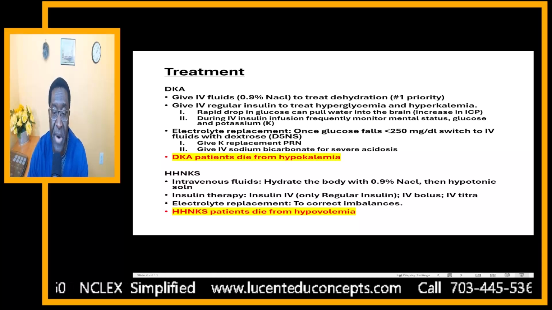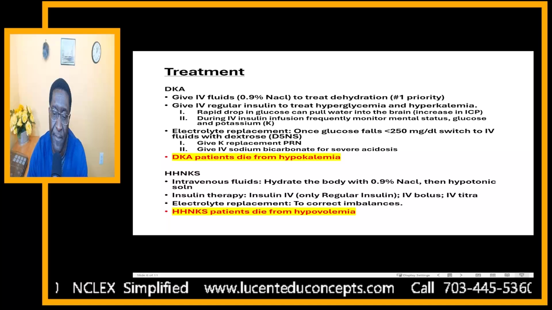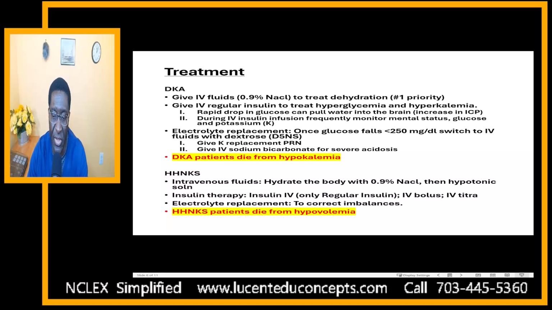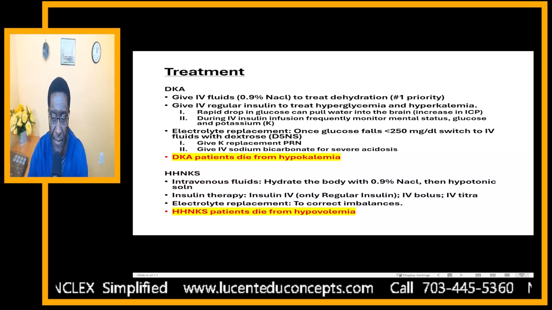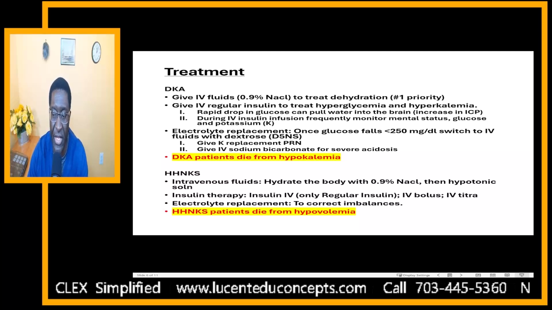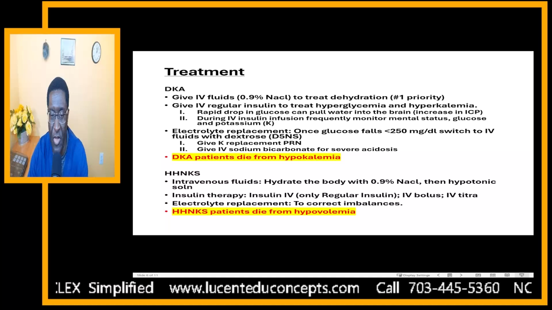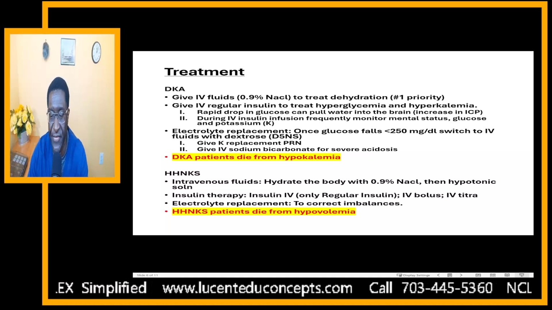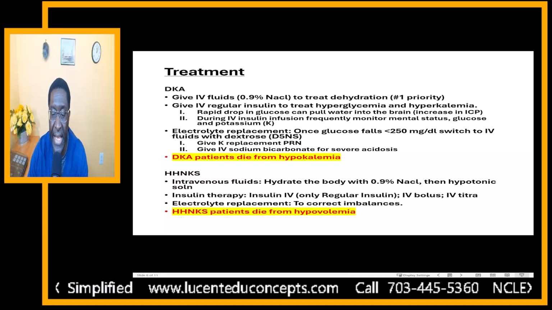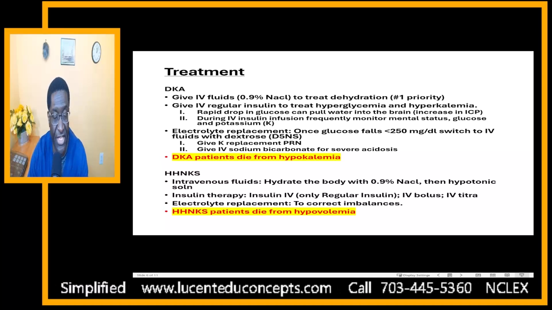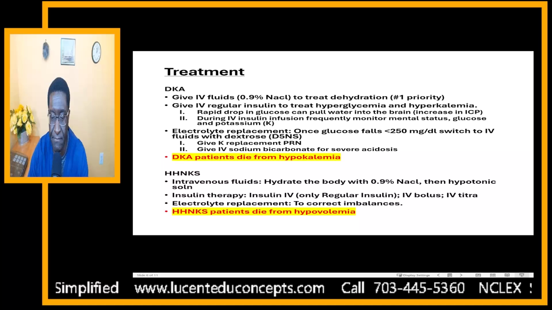Next, which is your second priority, is insulin therapy. So we give insulin IV. Only regular insulin can be given. IV bolus, we can do IV titration as things stabilize. And then our third priority is to correct any imbalances related to any electrolytes.